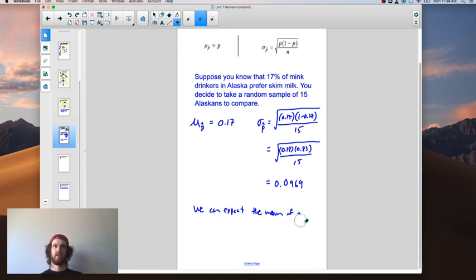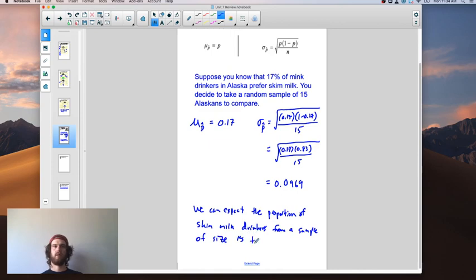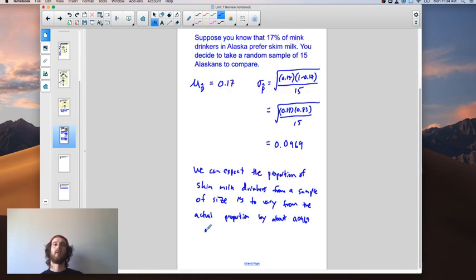We can expect the proportion of skim milk drinkers from a sample of size 15 to vary from the actual proportion by about 0.0969 on average.